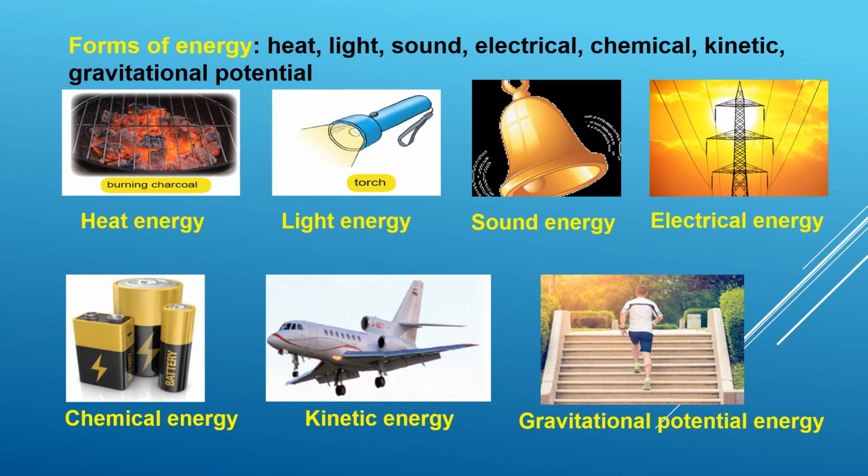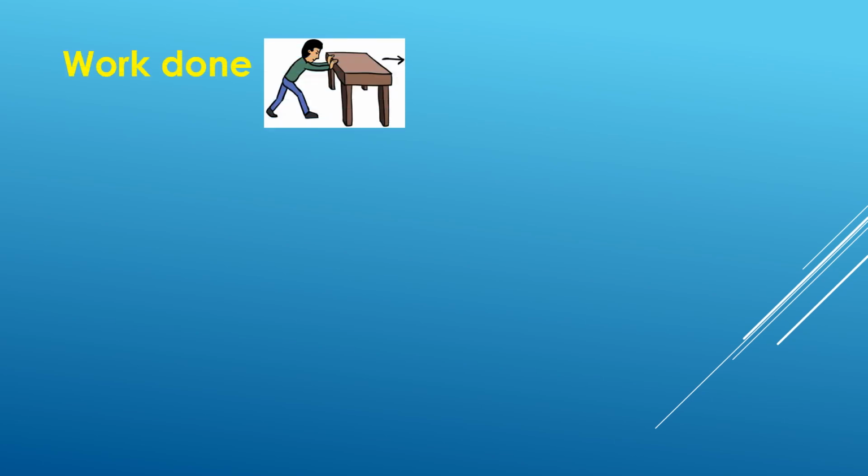So these are the forms of energy, that is heat, light, sound, electrical, chemical, kinetic, and gravitational potential energy. So what is work done? As you can see in the picture, the person is pushing on the table.